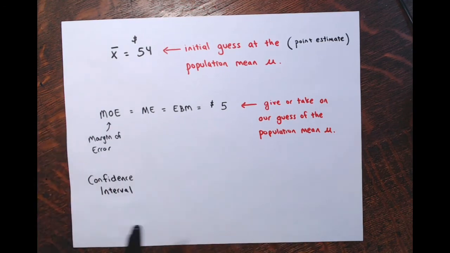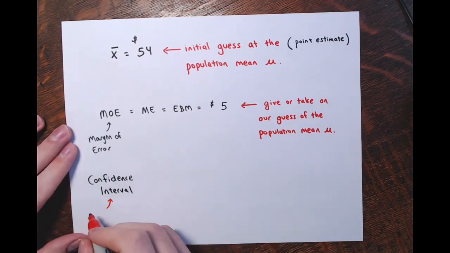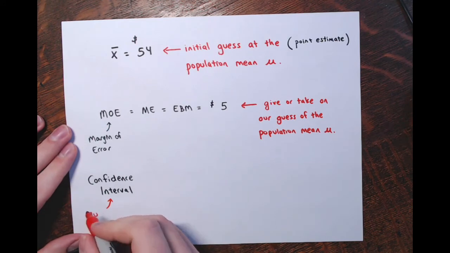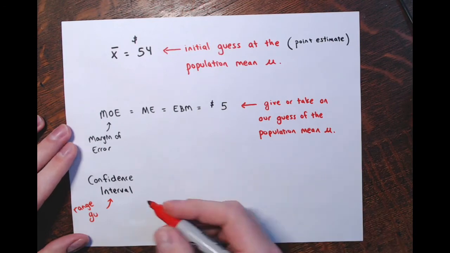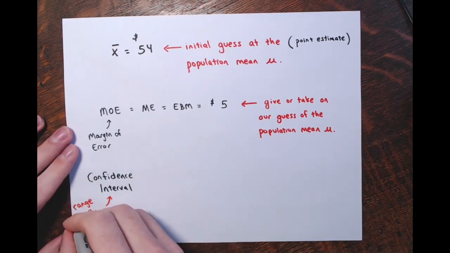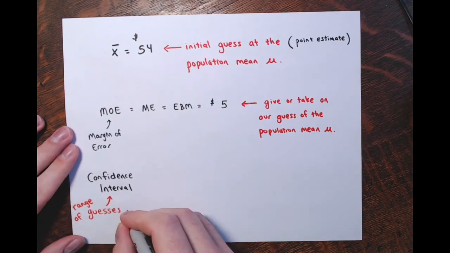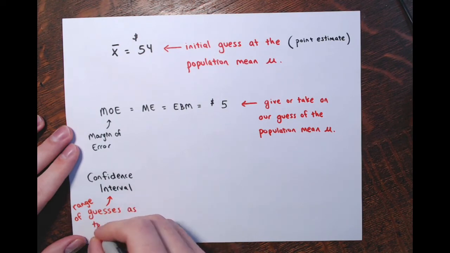Now again, a confidence interval is a range of guesses. It's a range of guesses as to what the population mean is based on our sample means.